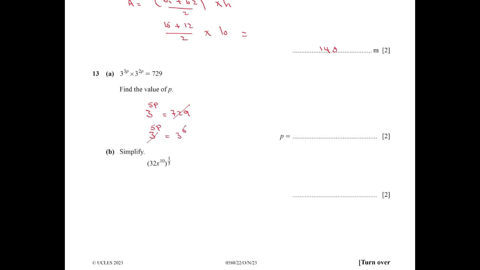Then the base is equal to the base, then the power is equal to the power. 5p is equal to 6. Then p is equal to 6 over 5. That means p equals 1.2.